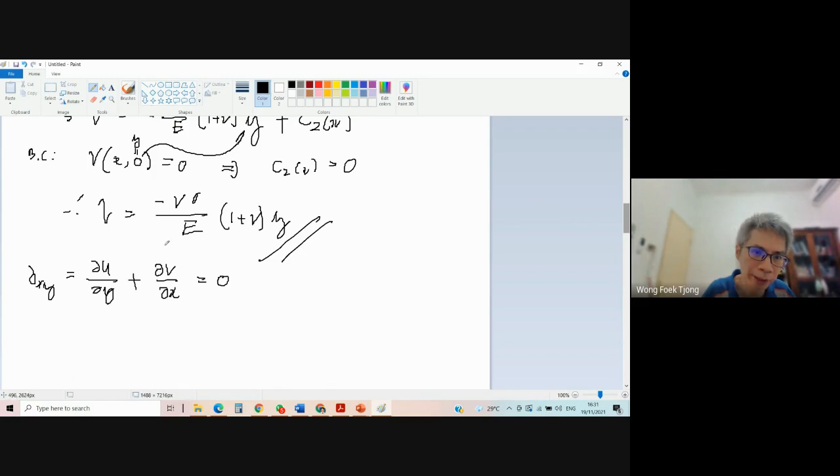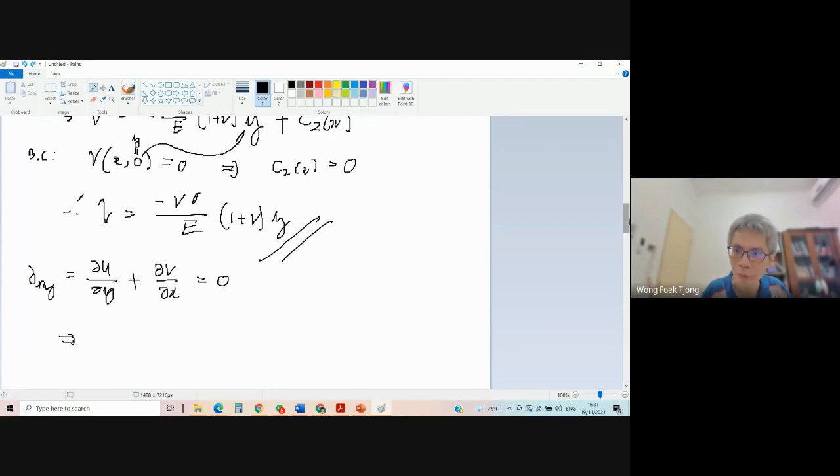But we know already what v is. So from here, just plug this into this. There is no x here, so it should be 0, right? So I can write like this. Let me plug in also u.